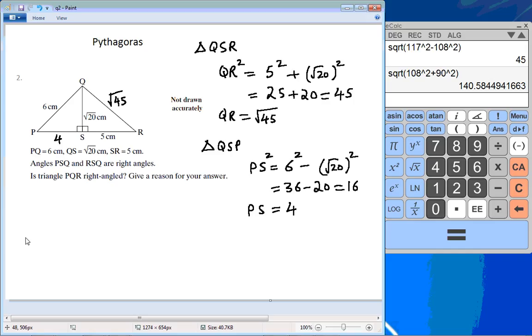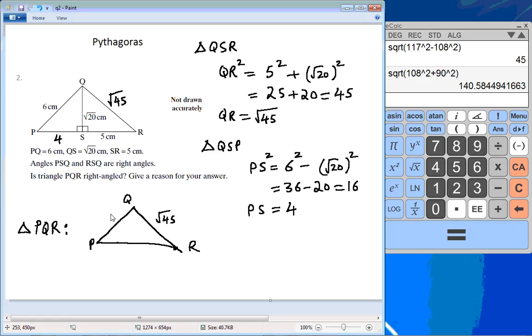Now we can talk about the triangle PQR. So you just sketch it. So that's Q. This is R. So this length is square root of 45.